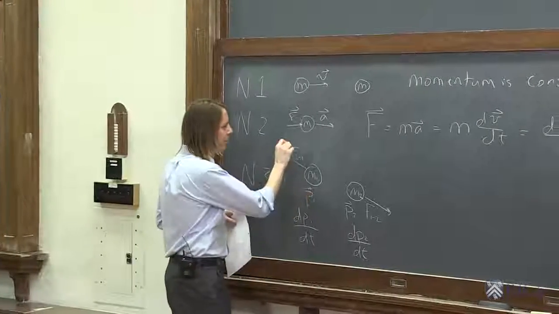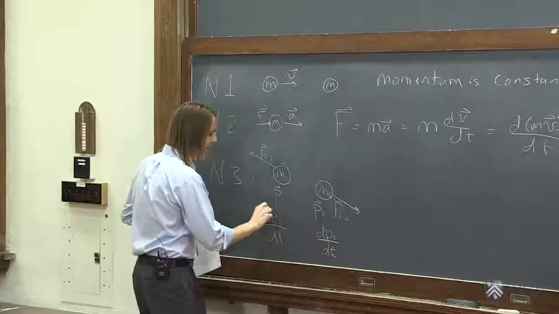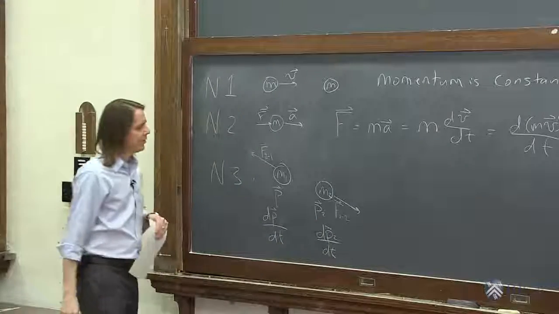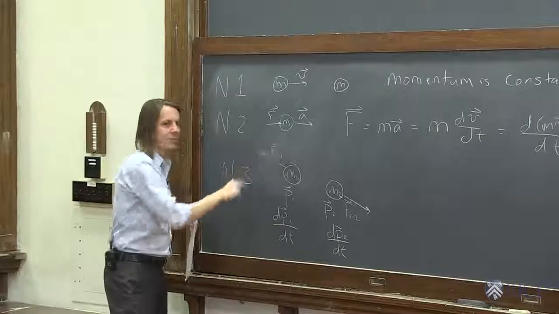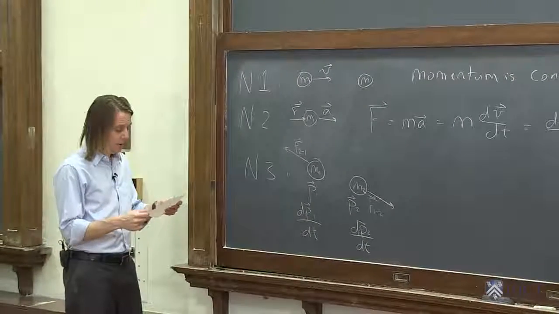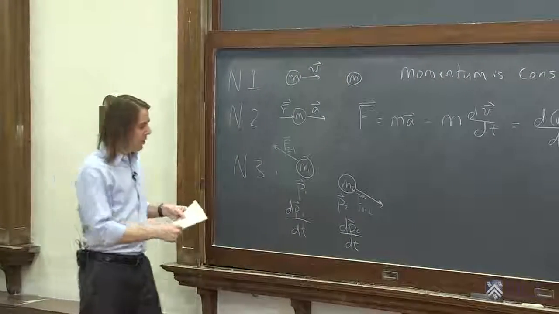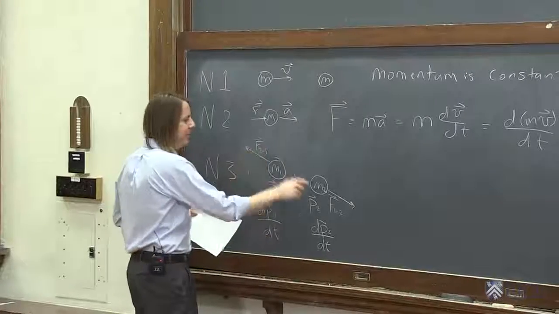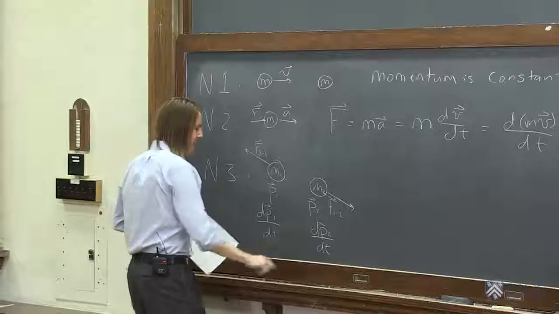And these are all vector quantities. The forces are vectors, the momentum is a vector, the rate of change of momentum is a vector. So we know that the change of momentum here is equal to this force. The change of momentum here is equal to that force. Then, if we add these two vectors, they have to be 0.